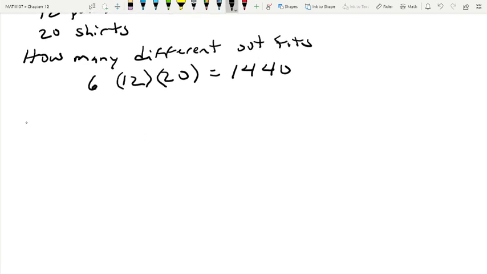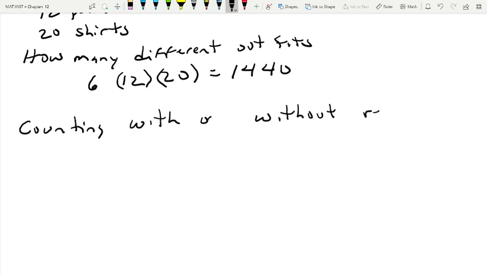Well, in terms of counting, we can have either with or without replacement. And so let's look at what that would mean.